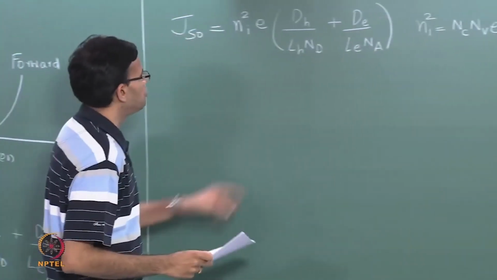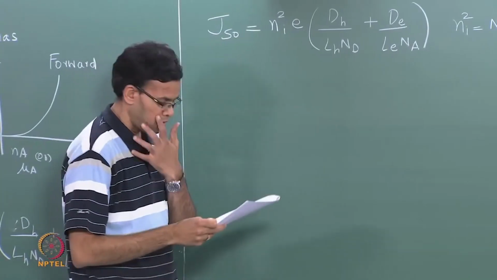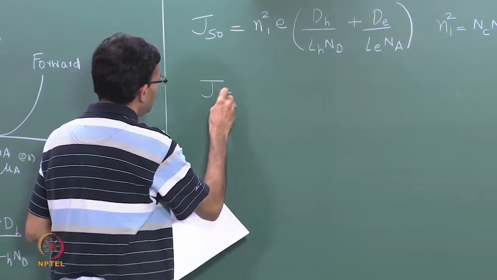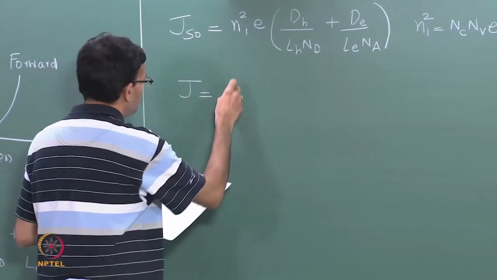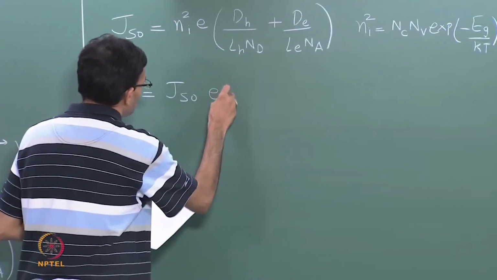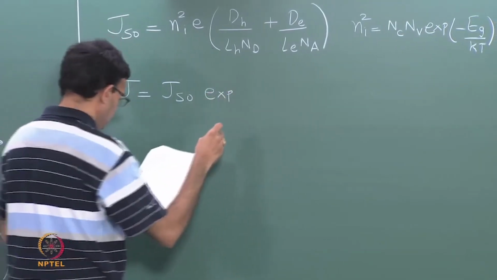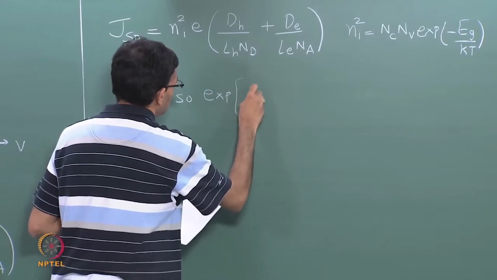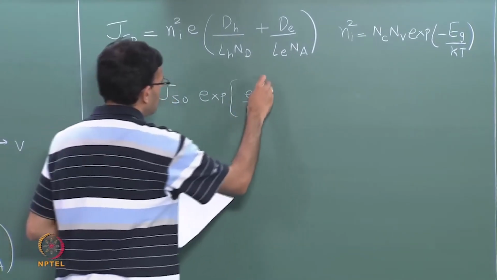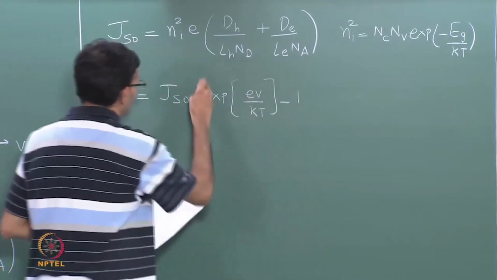We can substitute for Ni square in this expression, so that J, which is nothing but Js naught exponential eV over kT minus 1.